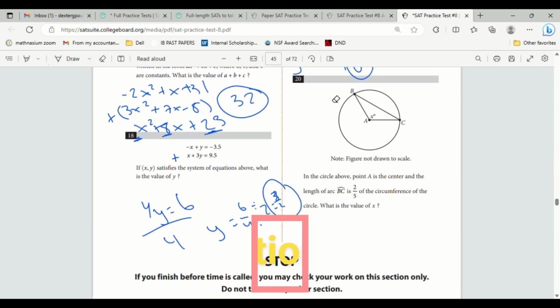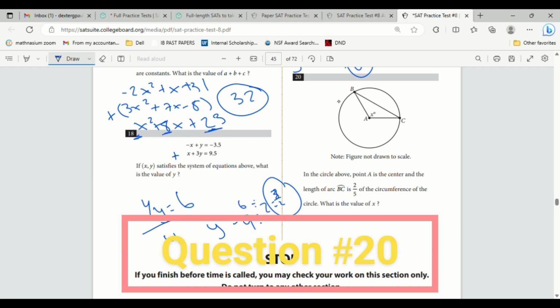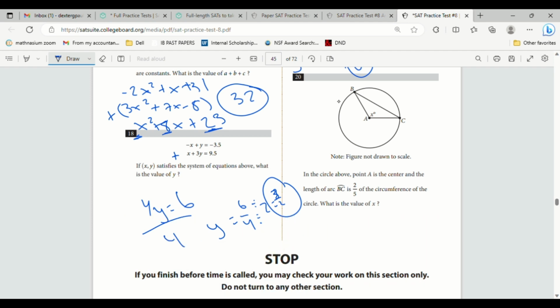Finally, number 20. In the circle above, point A is the center, and the length of arc BC is 2/5 of the circumference of the circle. What is the value of x? So if our angle comes from the center, like angle BAC does, and x is, if the arc length is a fraction of the circumference, then the angle is the same fraction of the total degree measure.